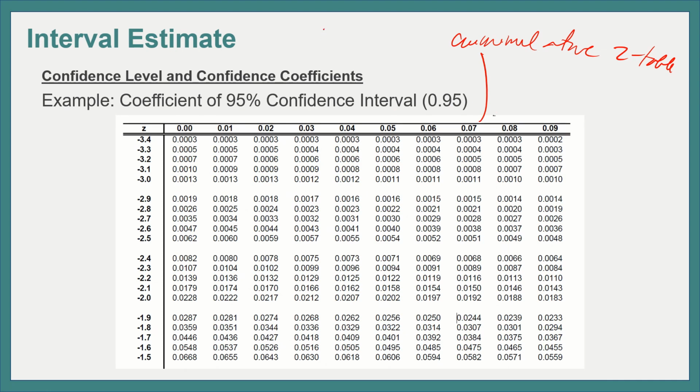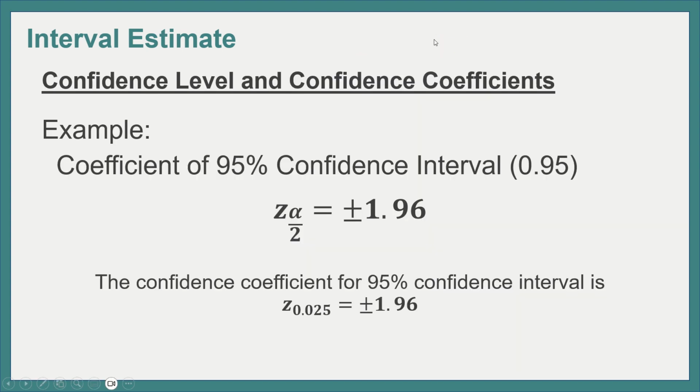So our alpha value is equal to 0.05. Half of the alpha value is equal to 0.025. So let's check.